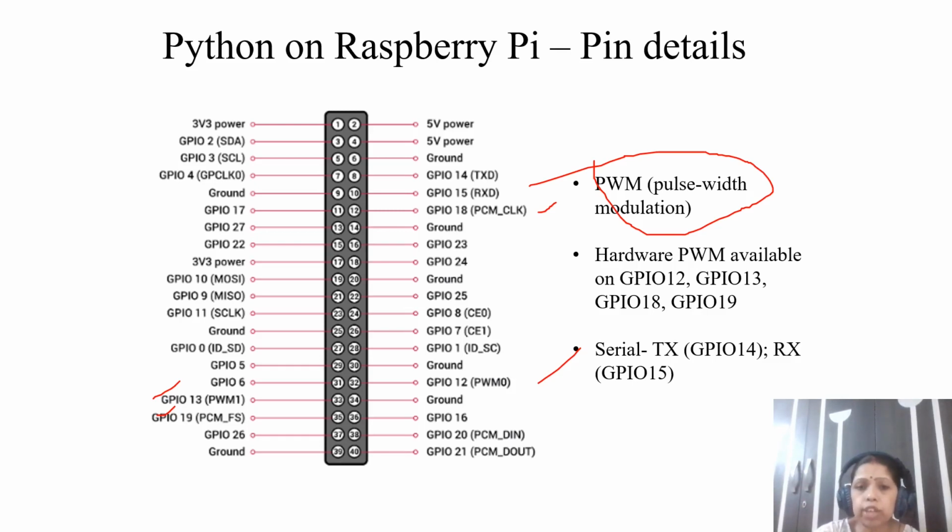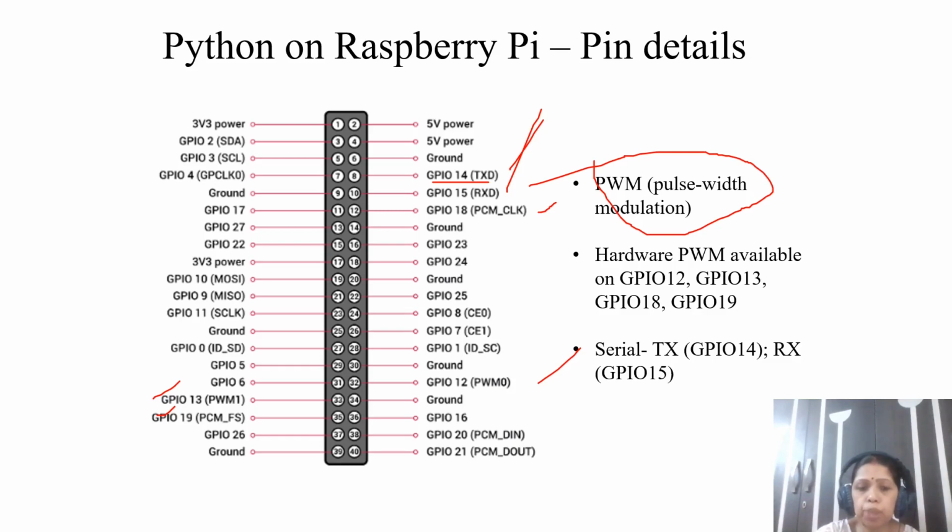Okay, so there are the TXD and RXD pins, GPIO 14 and GPIO 15. These pins 14 and 15 are connected with a cable through which you can send serial data, or receive serial data from any other external device. So these are about the GPIO pin configuration.